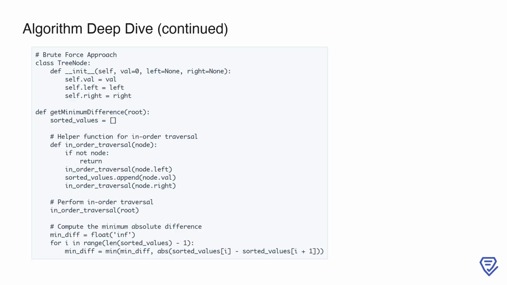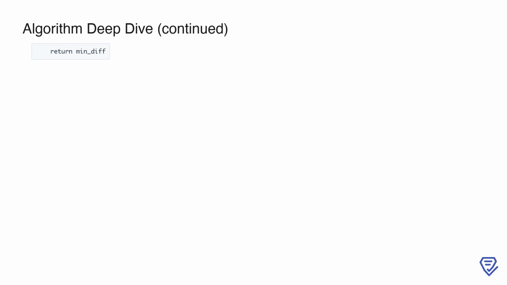The in-order traversal is then initiated from the root node, populating the sorted_values list with all node values in sorted order. Following this, we initialize a variable min_diff to infinity to track the smallest difference. The final step in the implementation is to iterate through the sorted_values list, comparing each pair of consecutive elements.